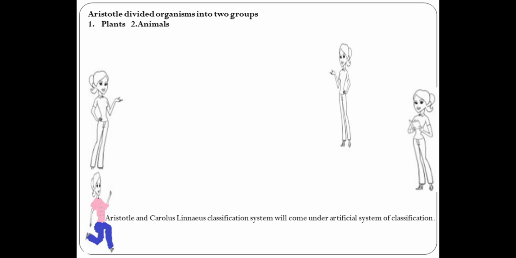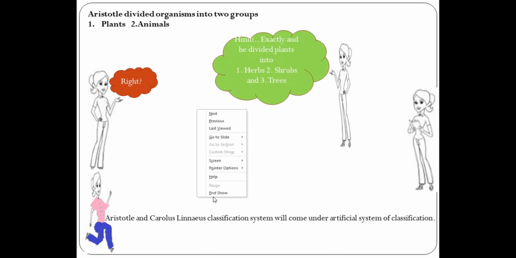Further, he divided the plants into three types depending upon their length. Okay, so the small ones he called herbs, the medium-sized plants he called shrubs, and those of larger size he called trees.